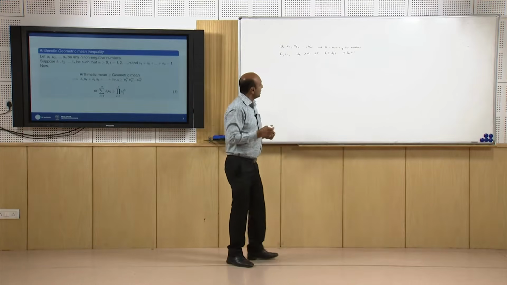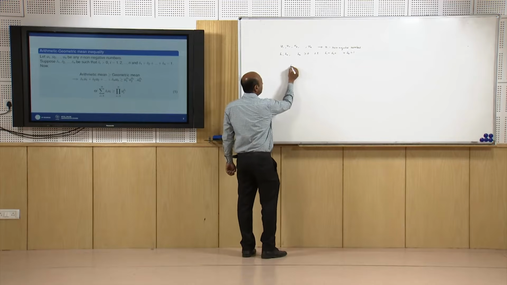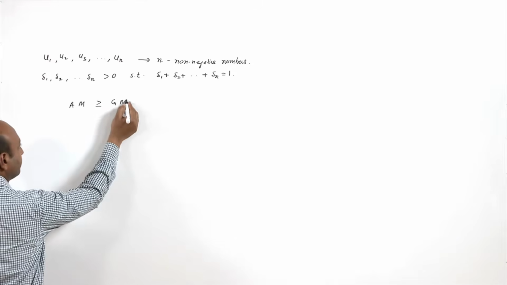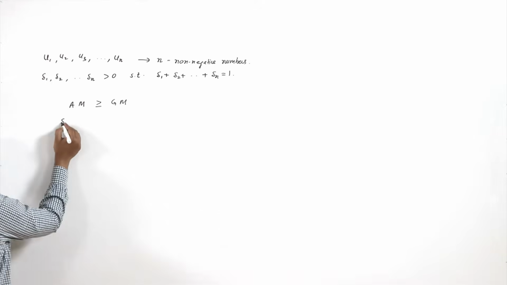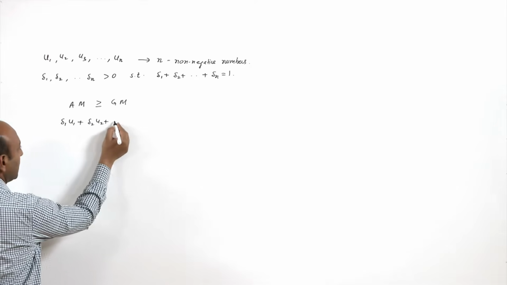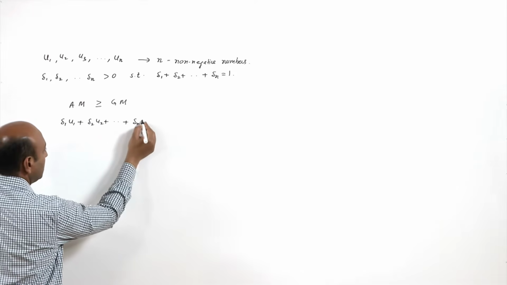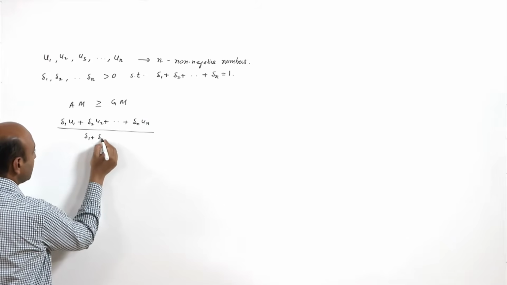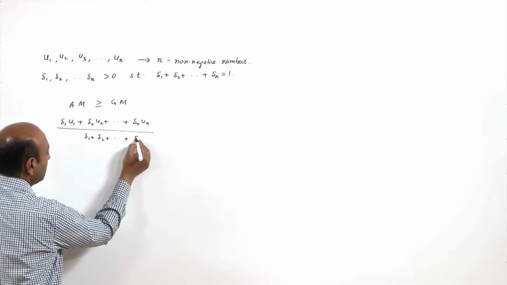We know that the arithmetic mean is always greater than or equal to the geometric mean. These deltas are the weights. So delta 1 u1 plus delta 2 u2 and so on up to delta n un, upon the sum delta 1 plus delta 2 and so on up to delta n, is the arithmetic mean.